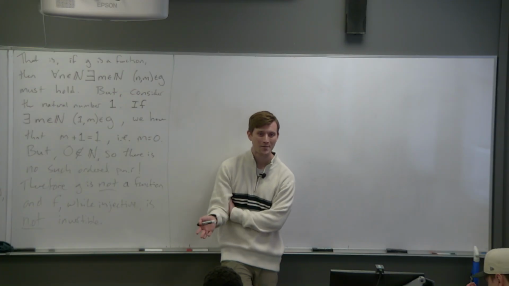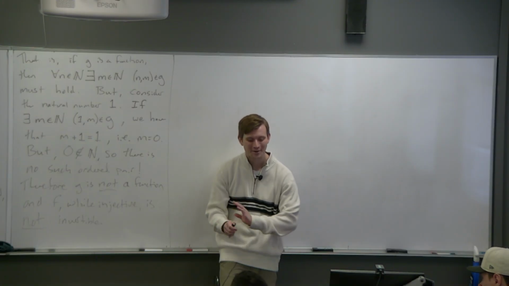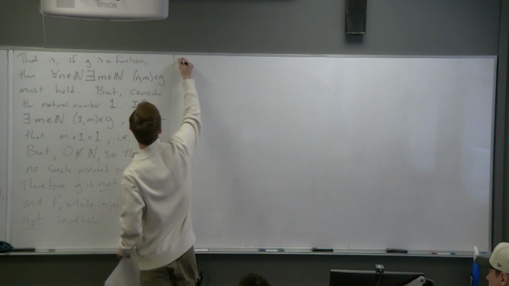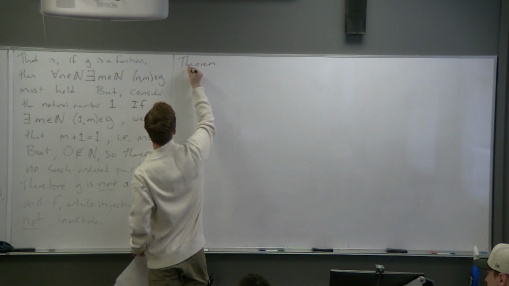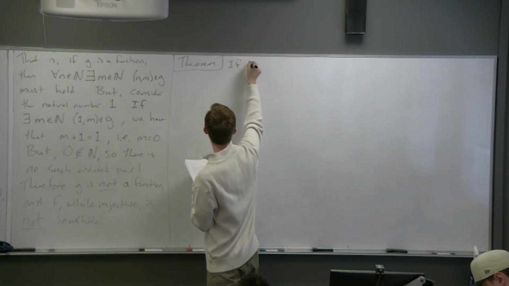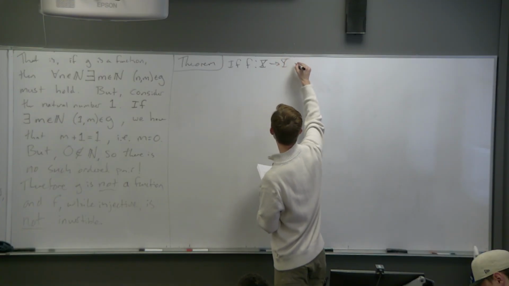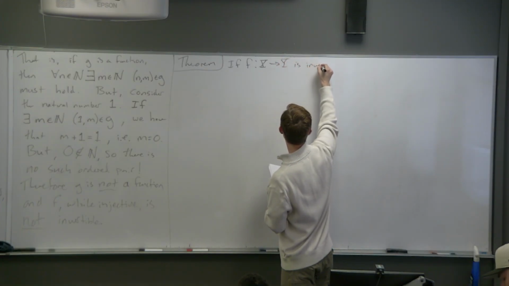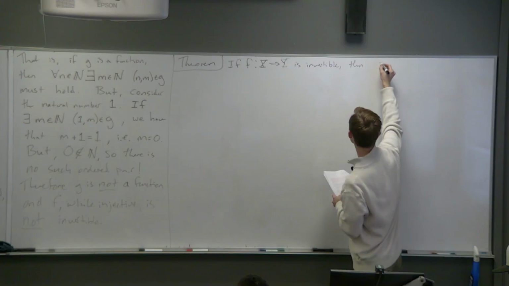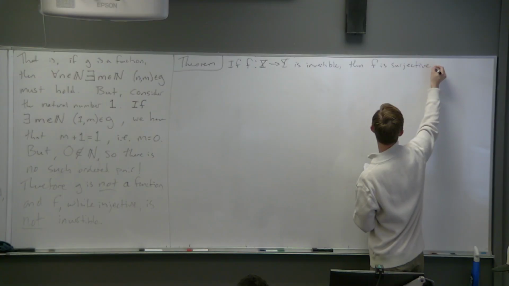Okay, so can you imagine what criteria gives us that? Surjectivity, right? So let's do it. Theorem. If f is a function from a set X to a set Y that is invertible, then f is surjective.